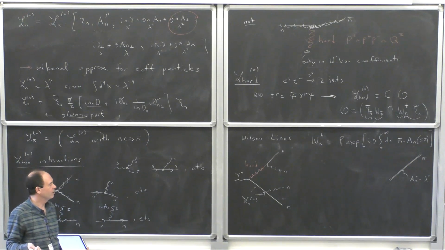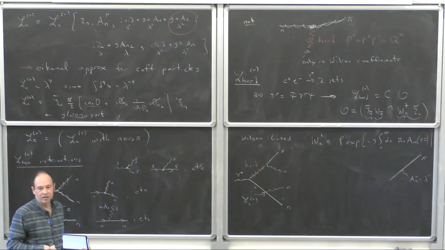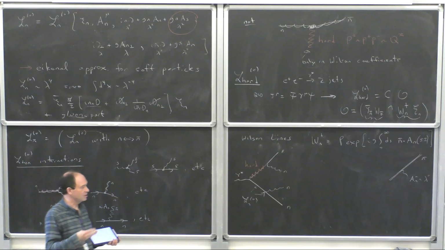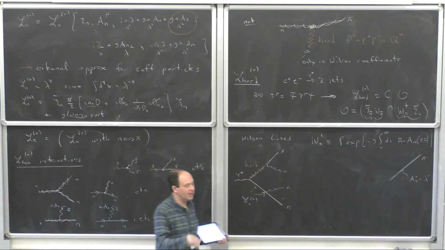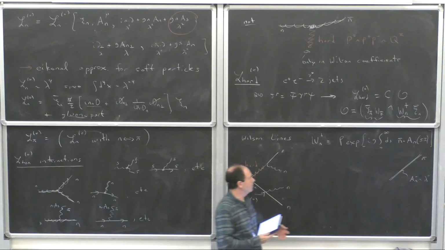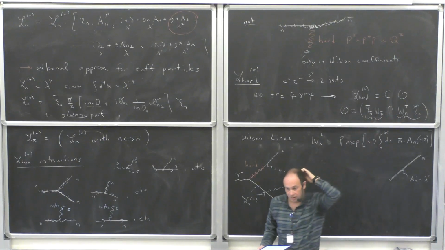So every quark is dressed by a Wilson line. Every gluon field also gets dressed by an adjoint version of the Wilson line. And these are the fundamental building blocks of the EFT. It's not just a quark field by itself, but a quark field times a Wilson line, because that allows you to put things together that are in very different directions and describes how they couple to each other.